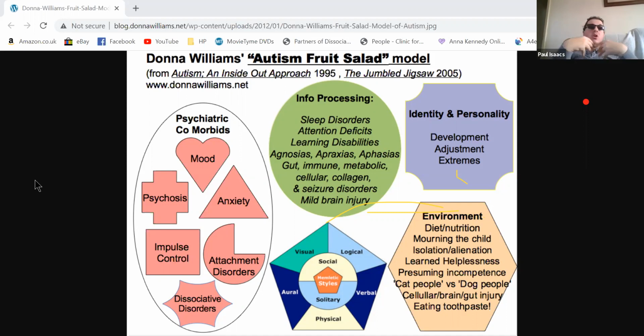You may need to use gestural language. So you may need to marry up your words with gesture. You may need to use objects of reference. You may, if they are a visual thinker, and visual processing, just by the way, is one of the most common forms of learning. It's about 70 to 80%.